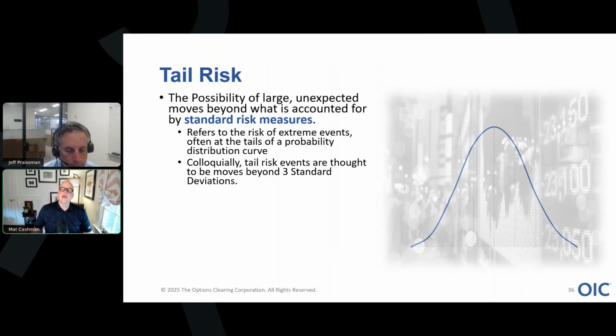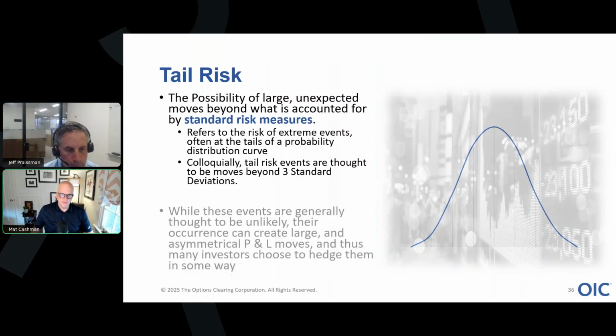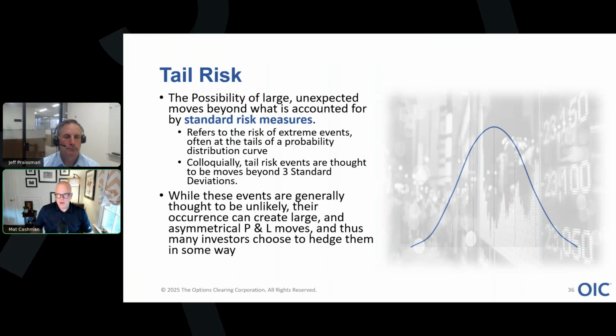Most of the time, colloquially, people think about it as 3 SDs or more away from the mean. And while these events generally are thought to be unlikely, they have asymmetrical P&L ramifications. And that's why people care about them, especially when vols get super high and when things start to get a little funky as far as the market moving around.